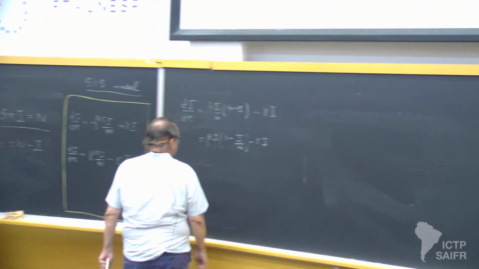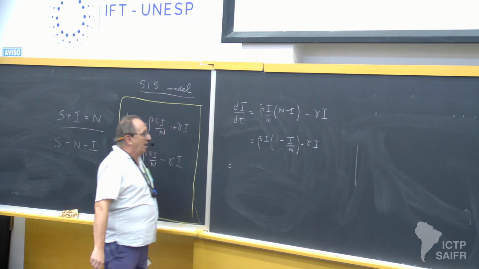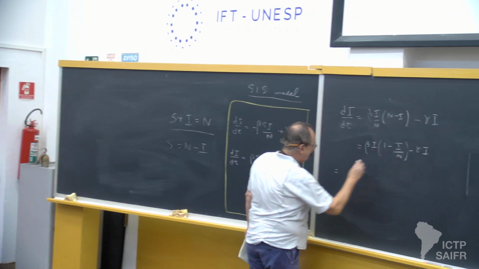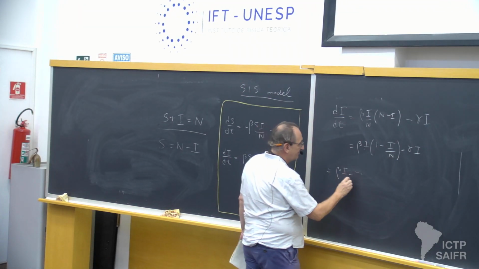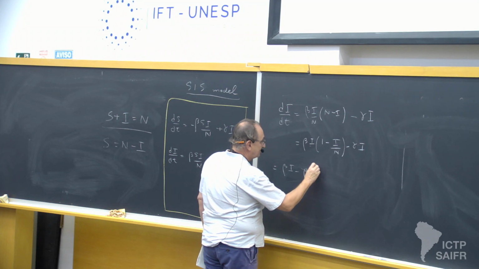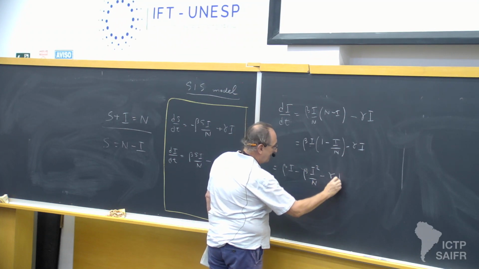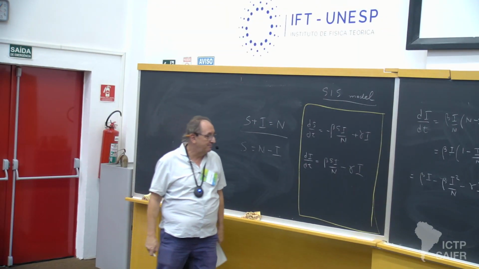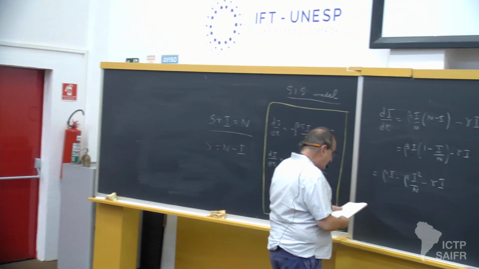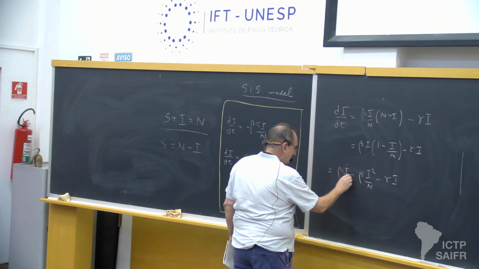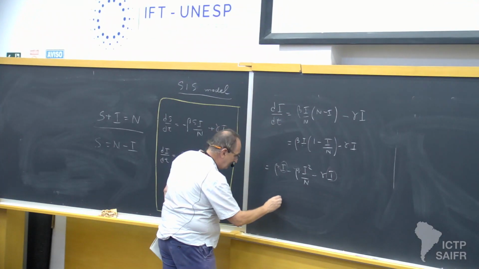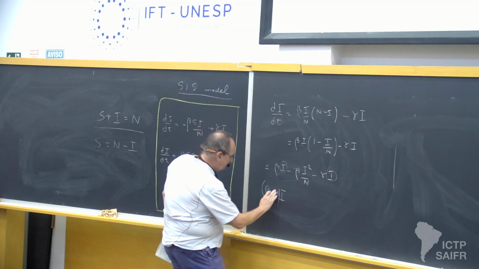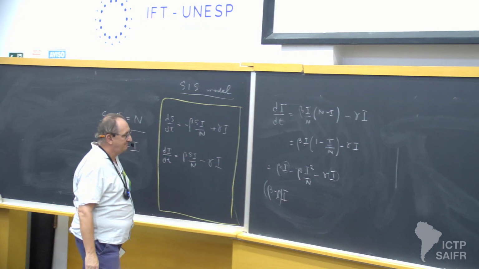In order to look for the solvability of this, let us do some small steps here. You multiply things out: beta times I minus beta I squared over N minus gamma I. So I'm just opening this parenthesis. Now the I term is multiplied by beta minus gamma.